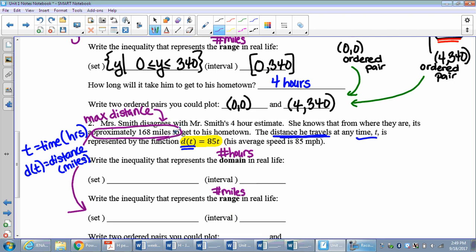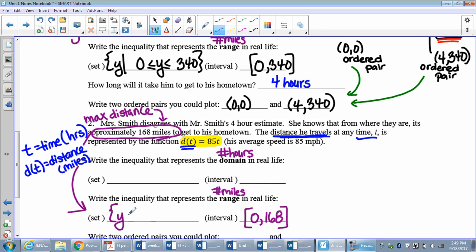The total trip is 168 miles. So if I work on my interval notation, that's going to be 0 to 168 because 0 is the smallest possible number of miles. We can't have any negative miles. And then I'll translate that into set notation.